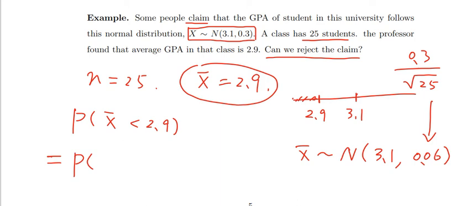So x bar follows this normal distribution. Then to find this probability, we change it to z less than (2.9 minus mu) divided by sigma.